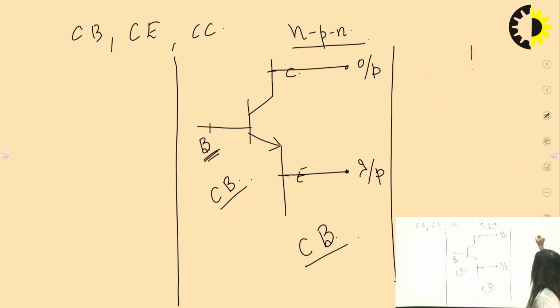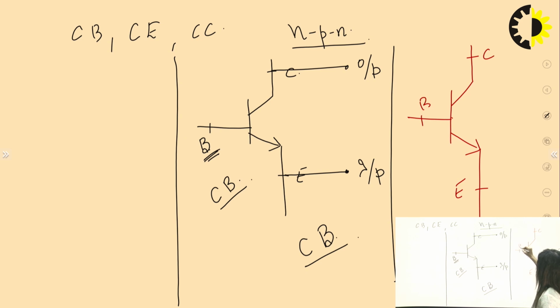Now, with emitter, collector and base, if I provide input from the base and take output from the collector and make the emitter common, then it is said to be common emitter configuration.